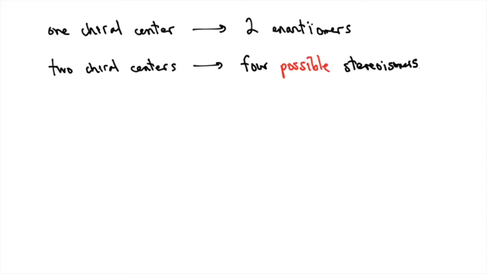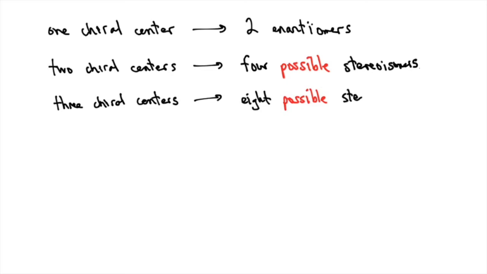If a molecule has three chiral centers, the maximum number of stereoisomers that you can have is 8. So again, 8 possible stereoisomers.